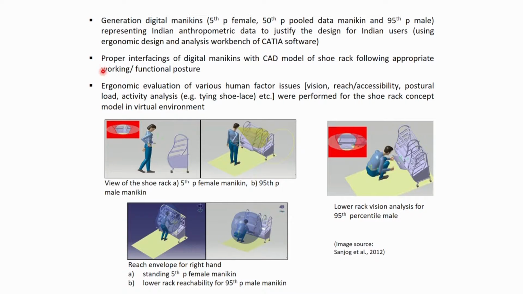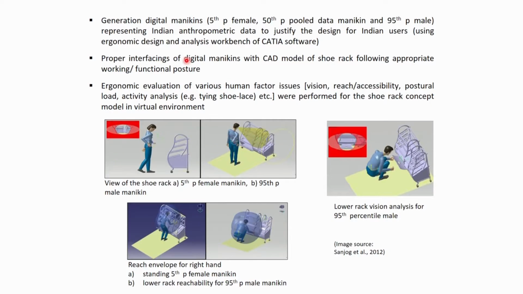Following the videography, the researcher understood the user scenario, and accordingly the digital mannequins were properly interfaced with the CAD model of the shoe rack following the appropriate working or functional posture. First, the digital mannequins are given an appropriate functional posture, and then they were interfaced with the CAD model of the shoe rack.